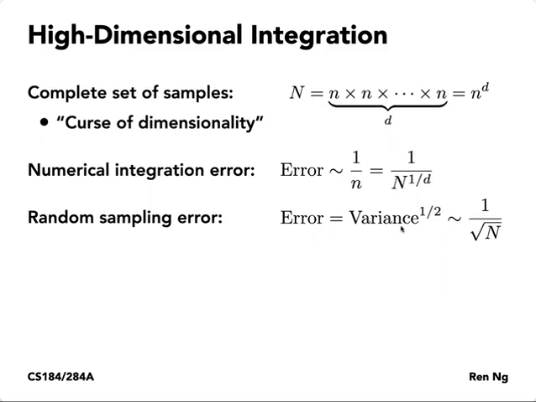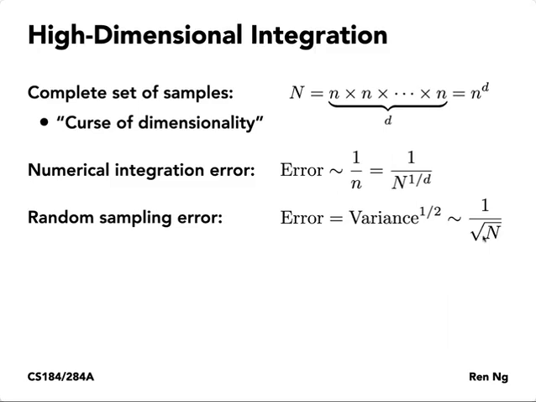For many random sampling schemes, the variance is proportional to 1 over N. So it turns out that the error is proportional to 1 over the square root of N, where capital N is the total number of samples of the function f that we draw in order to estimate the integral we care about.